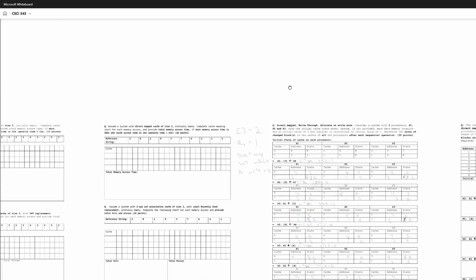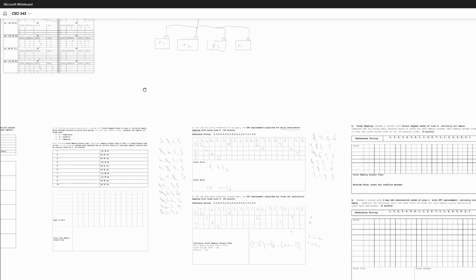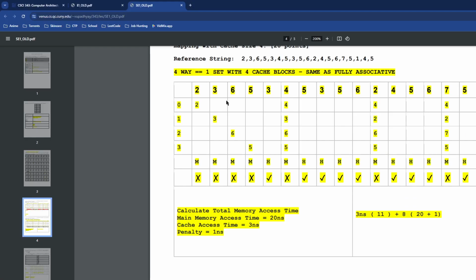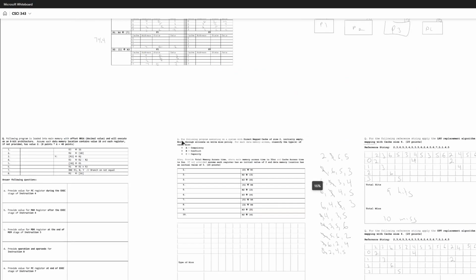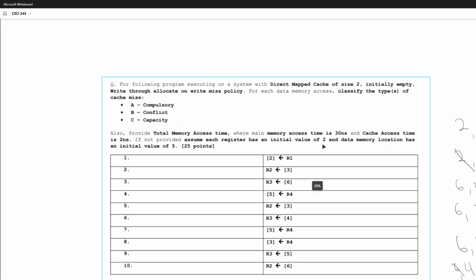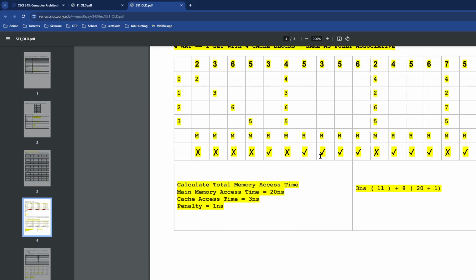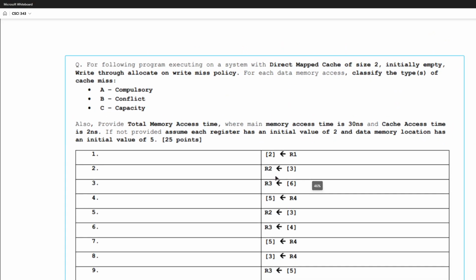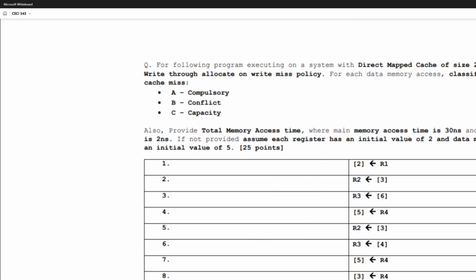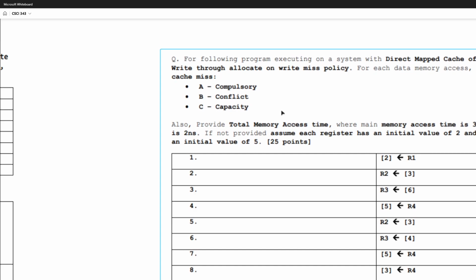Which question is this? This one. For the following program executing on a system with the direct mapped cache of size 2, initially empty.